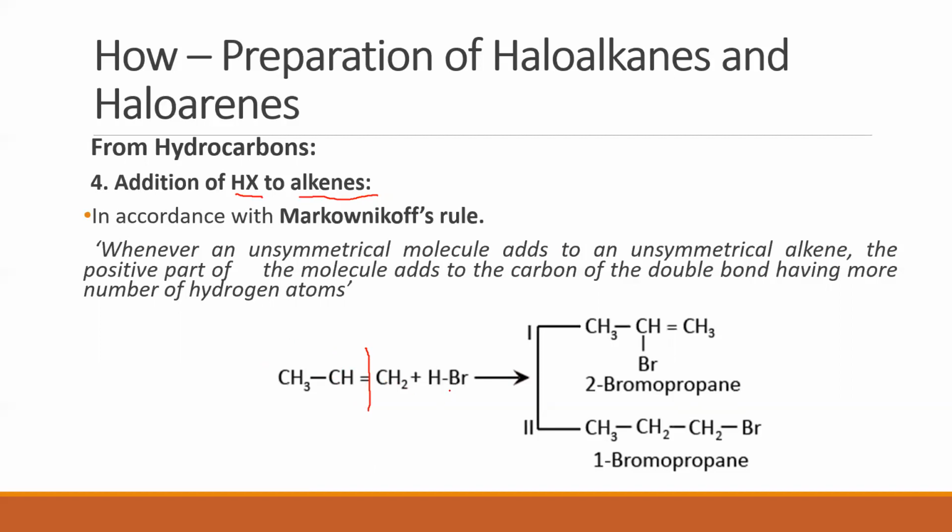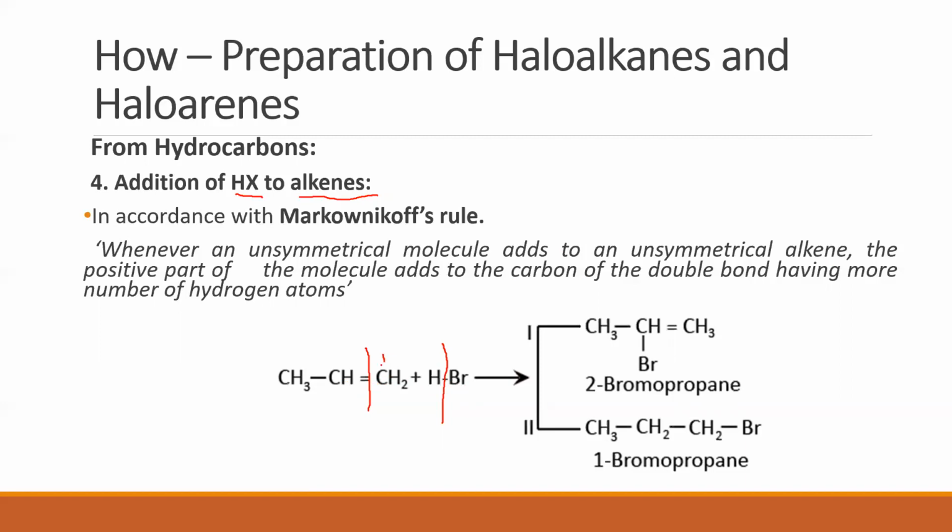When an unsymmetrical molecule, HBr, is it unsymmetrical? Yes, it is. When an unsymmetrical molecule adds to an unsymmetrical alkene, the positive part of this molecule, now between H and Br, who's positive? H, yes. The positive part of this molecule will add to the carbon of the double bond.